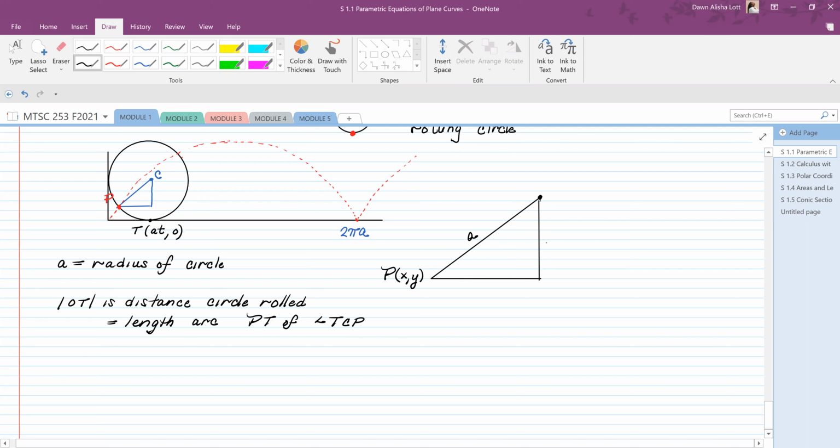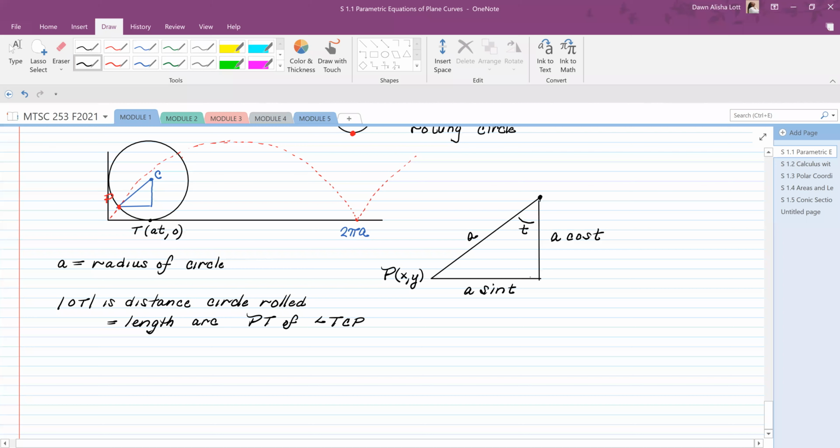This is the angle T I'm talking about. So there's the angle T, defined by how this angle T changes. If this is the angle little t, which is my parameter, then this distance is A times the sine of t, and this distance up here is A times the cosine of t.